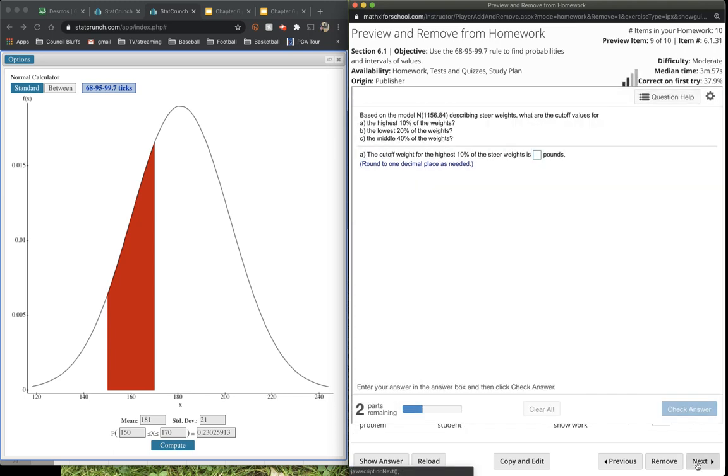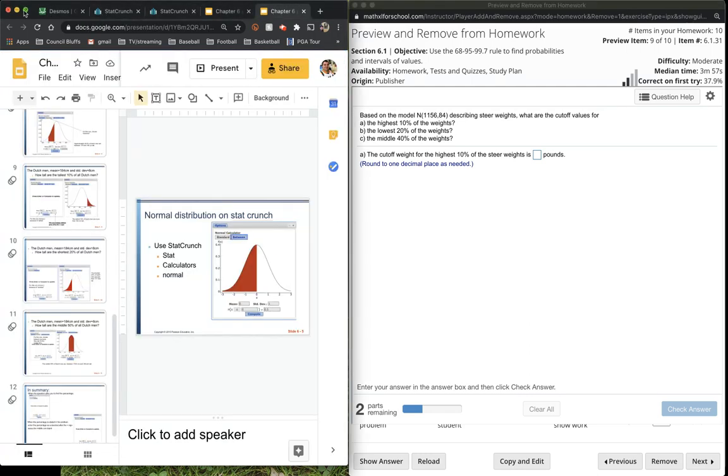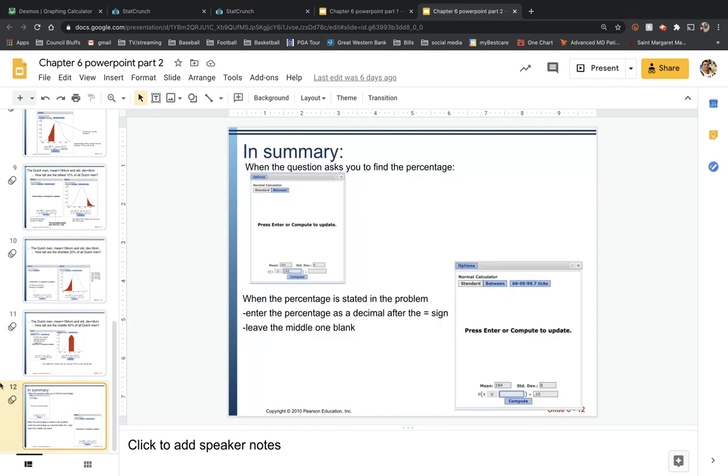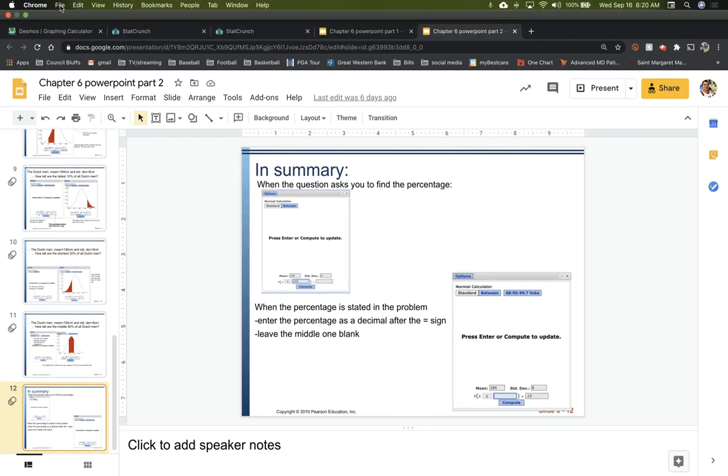Okay, number 9, based on the model describing steer weights, what are the cutoff values for the highest 10%, the lowest 20%, and the middle 40%? So going back to our PowerPoint, this time we are going backwards. So when the percentage is stated in the problem, we enter the percentage as a decimal after the equal sign, and we leave the middle one blank.